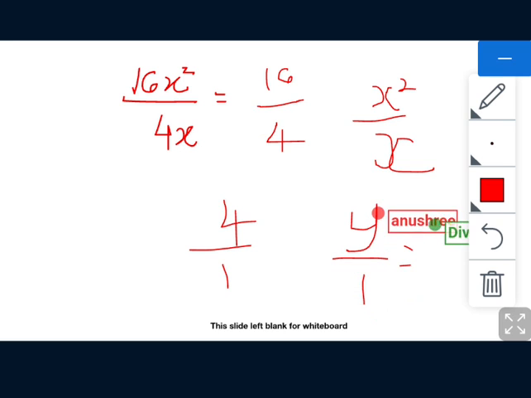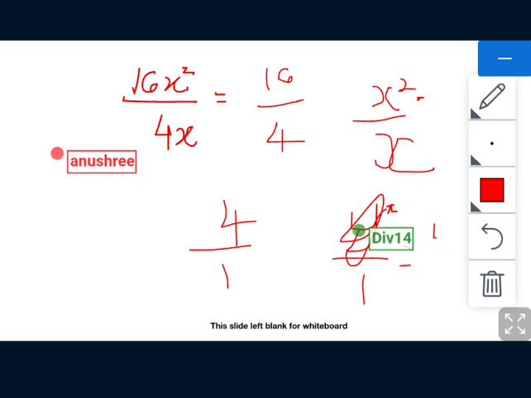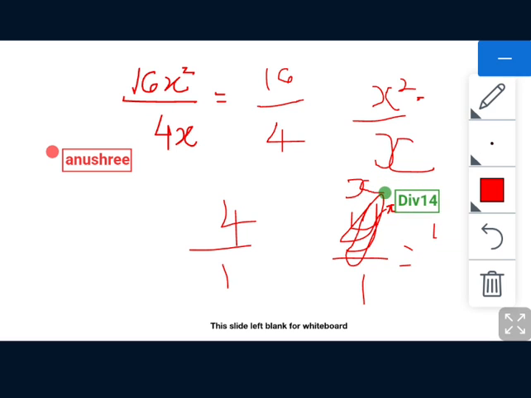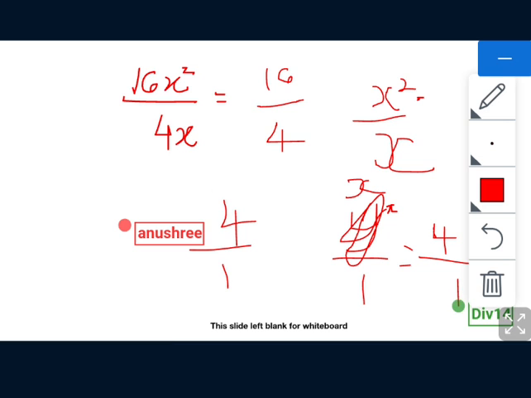This is x, right? Yes, that's correct, which is 4x.